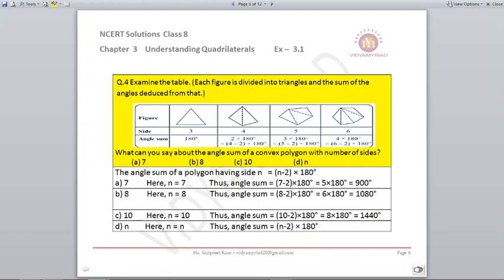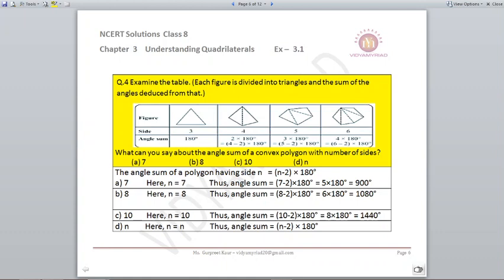The formula comes out to be n minus 2 multiplied by 180 degrees. What is n? n is the number of sides of that shape. When you have four lines joined together to form a quadrilateral, the angle sum becomes 2 into 180 degrees, or 360 degrees.